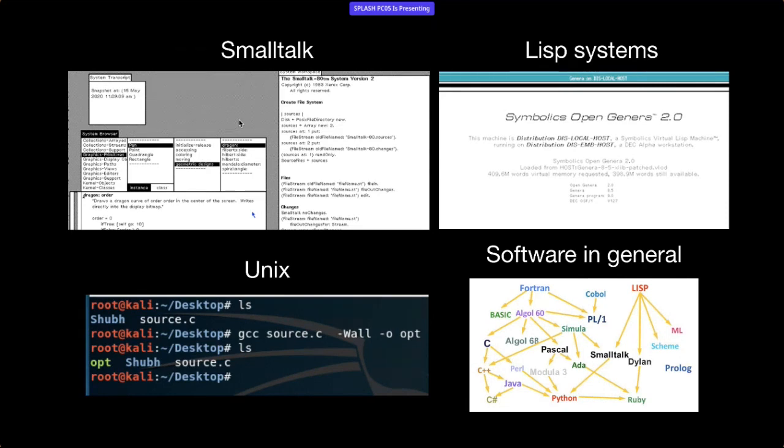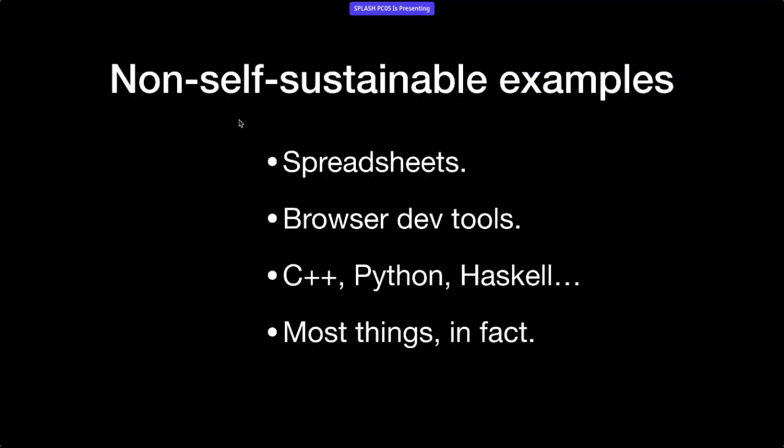And it's also the case at the large level of Unix files and processes, and also for systems like Lisp and Smalltalk. By contrast, most programming languages and programming systems aren't self-sustainable. So if you want to change how they work, you will have to either shut down a running thing and change it and start it up again, or you'll at least have to switch to a completely different language or programming system to change how it works.